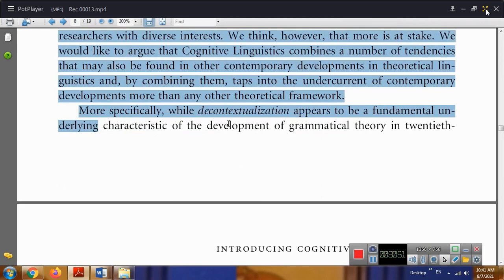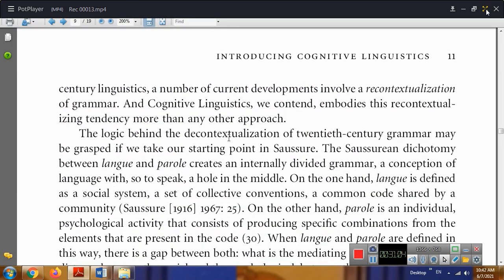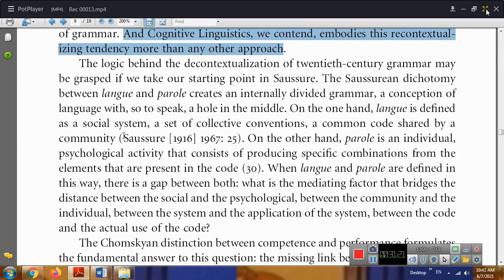More specifically, while decontextualization appears to be a fundamental underlying characteristic of the development of grammatical theory in 20th century linguistics, a number of current developments involve a recontextualization of grammar, and cognitive linguistics embodies this recontextualization tendency more than any other approach.